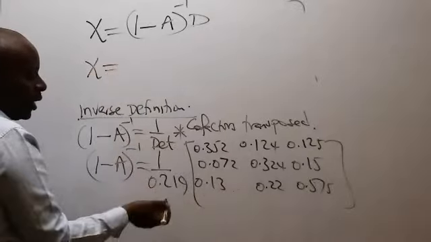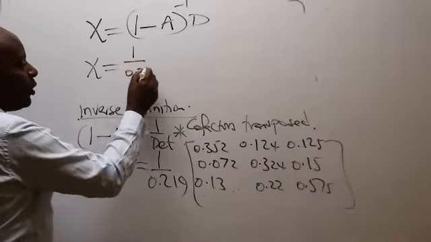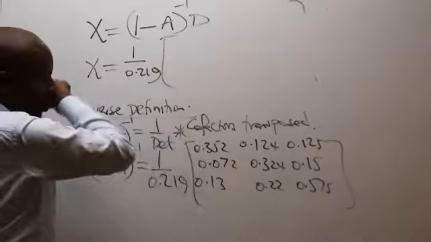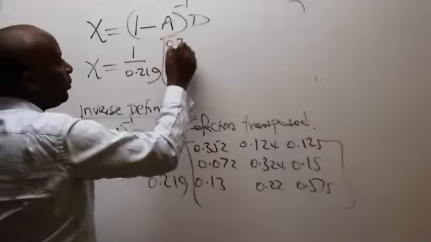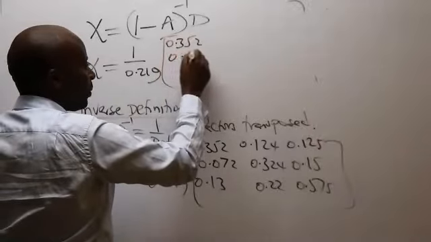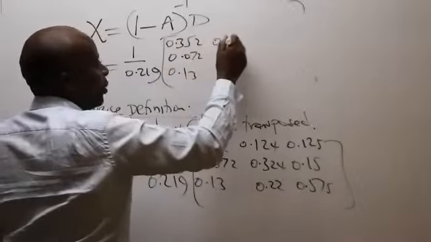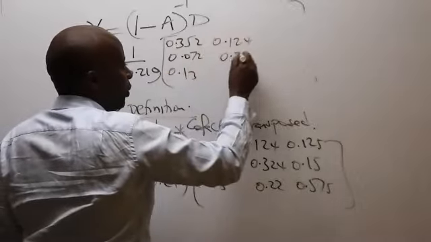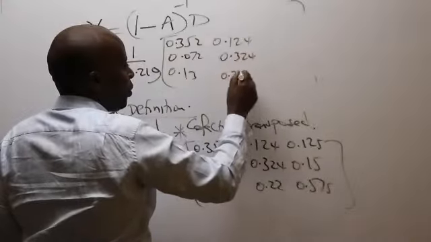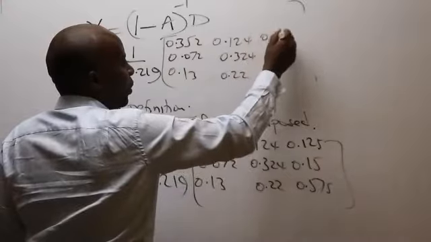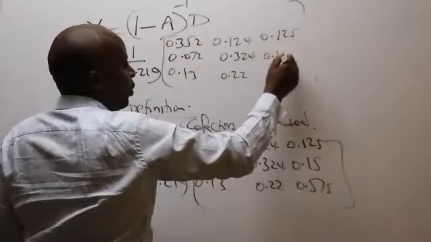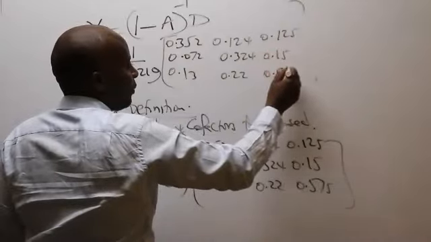These are (I minus A) inverse, which is 1 over 0.219 into the whole of this: 0.124, 0.324, 0.22, 0.125, 0.15, 0.575.